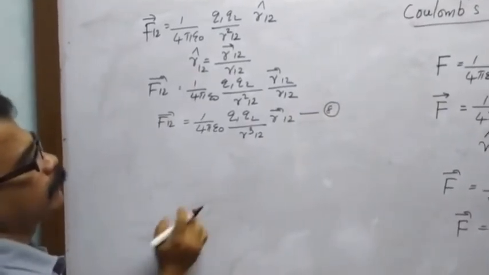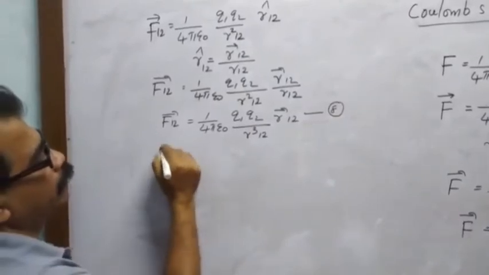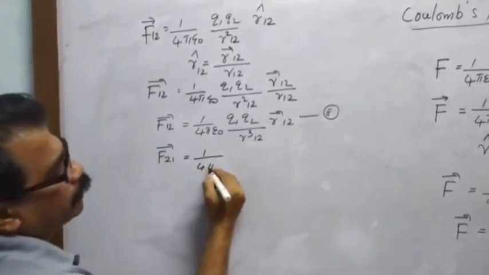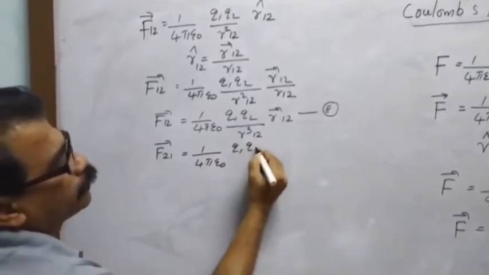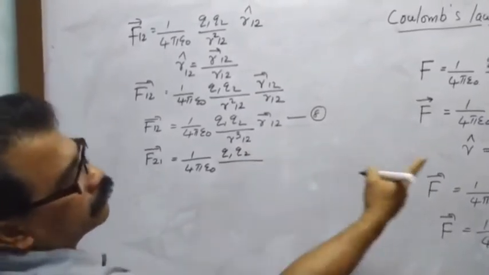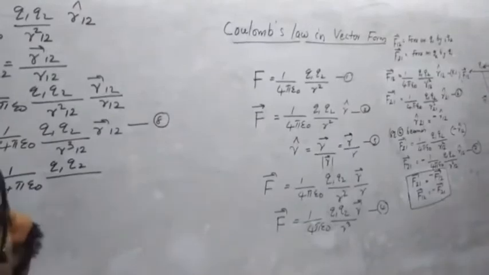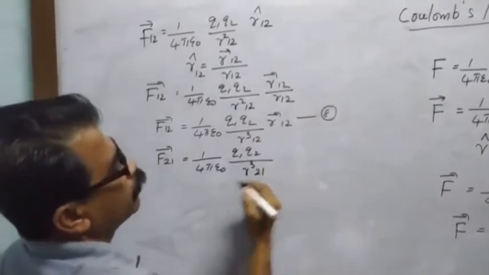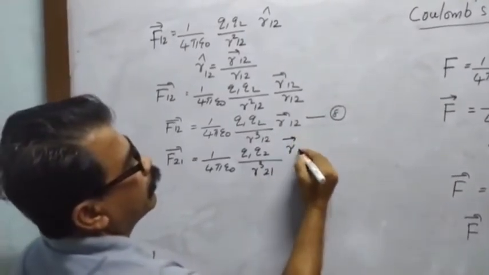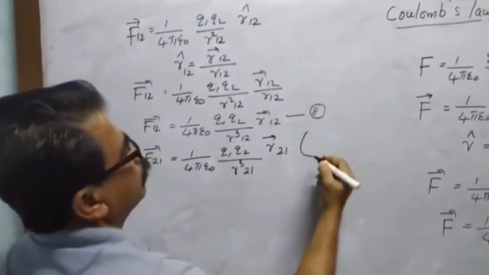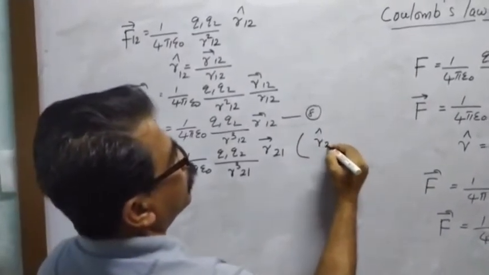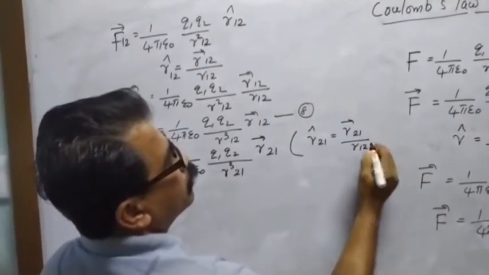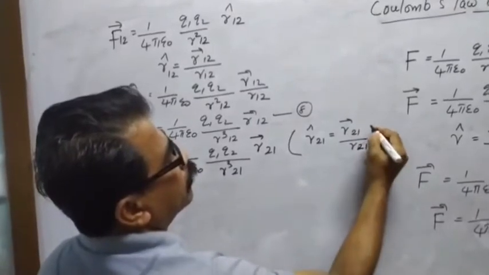Similarly, you can write F21 equal to 1 by 4 pi epsilon 0 Q1 Q2 by R cube 21 into vector R21, using equation number 8, because cap R21 equal to vector R21 divided by modulus of vector R21.